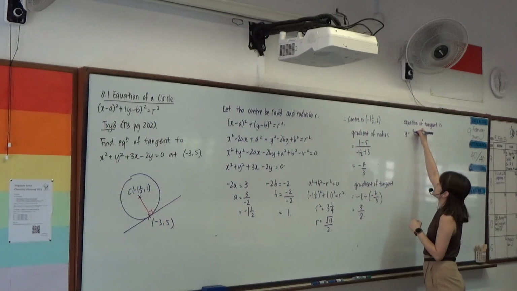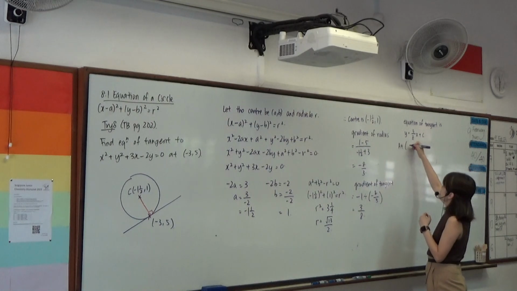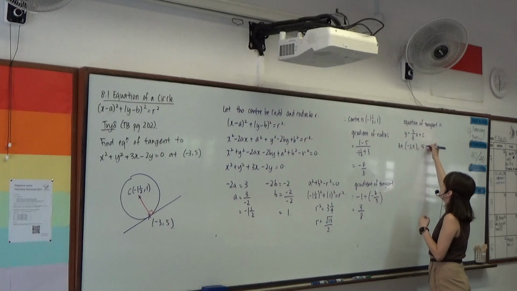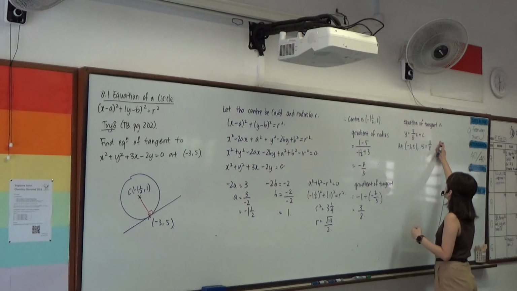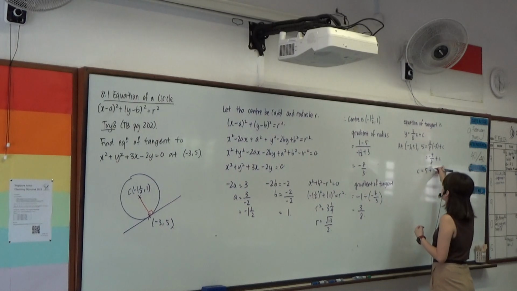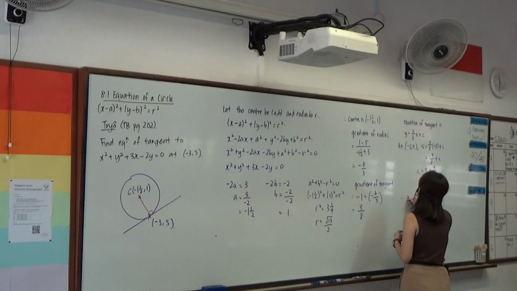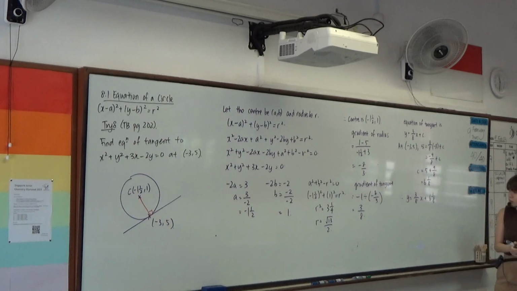That will be y equals 3 over 8 x plus c at the point (-3, 5). And we have y equals 3 over 8 x plus 6 and 1 over 8.